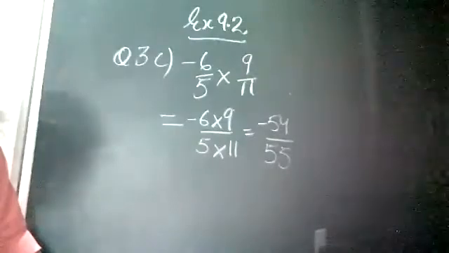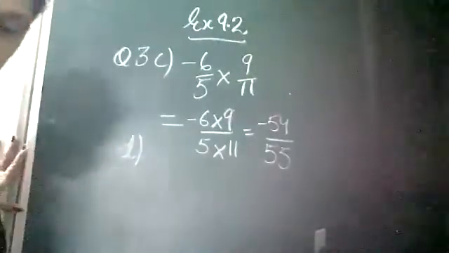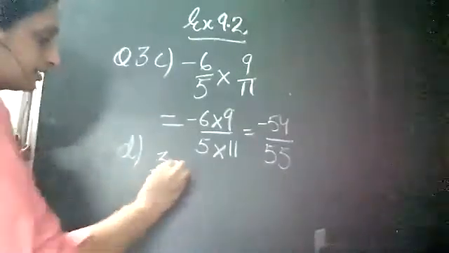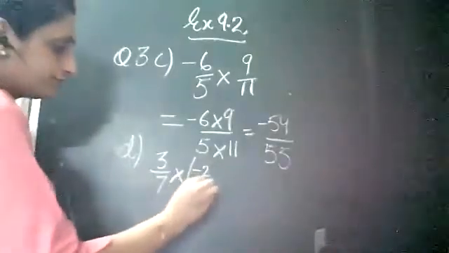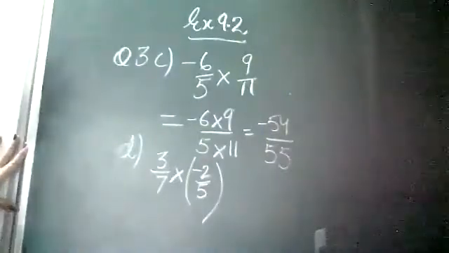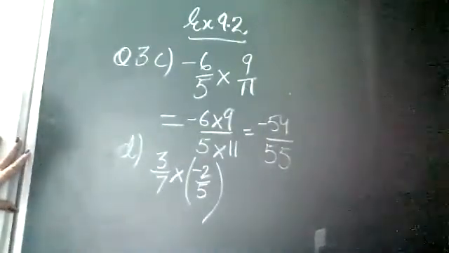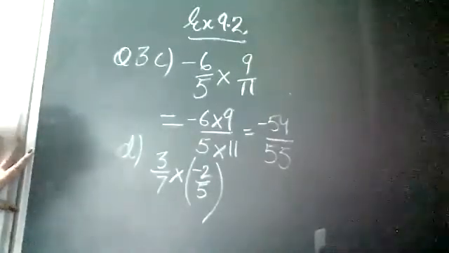Arav Sharma, tell me the D part. 3 by 7 multiply by minus 2 upon 5. Yes, unmuted, beta.